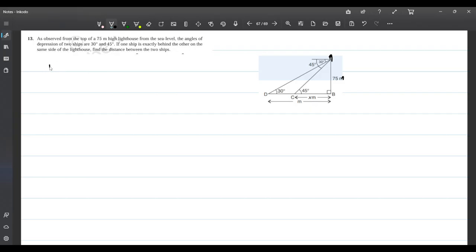So let BC be equal to x meters and BD be equal to y meters. So in triangle ABC, BC upon AB is equal to cot 45 degrees.